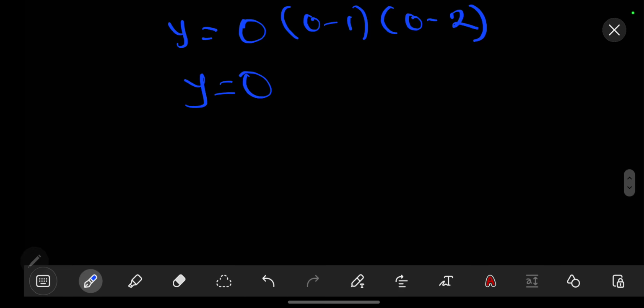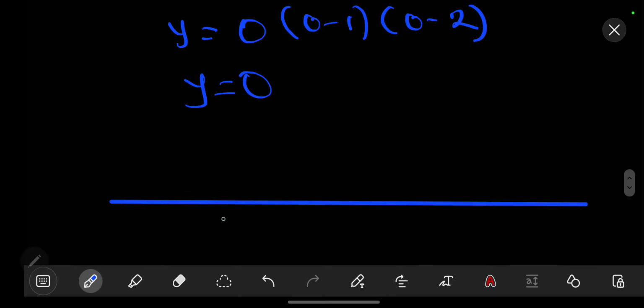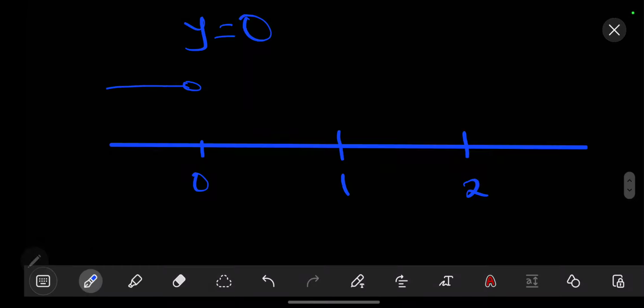Then from there, let's come up with our number line. So we have a 0, we have a 1, we have a 2. All these values that are on the left of 0 are such that they are less than 0. Here we should have an interval, which will be 0 is less than x is less than 1.